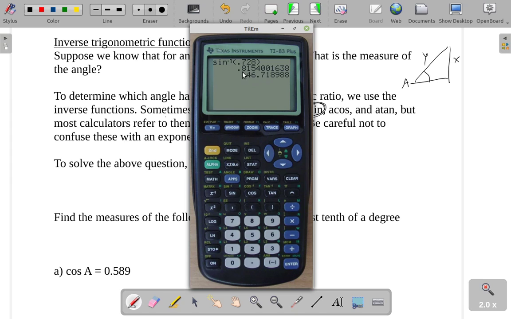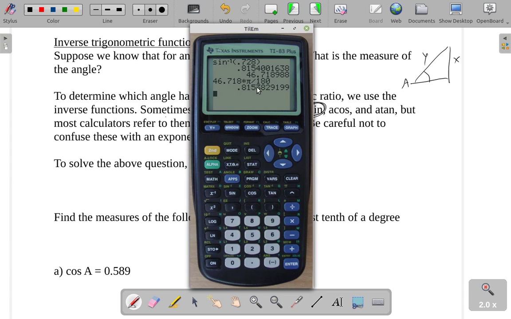And if you kind of look at this, 46.718 times pi divided by 180. That's the usual unit conversion, the way we convert degrees to radians. You can see we get that 0.815 whatever.